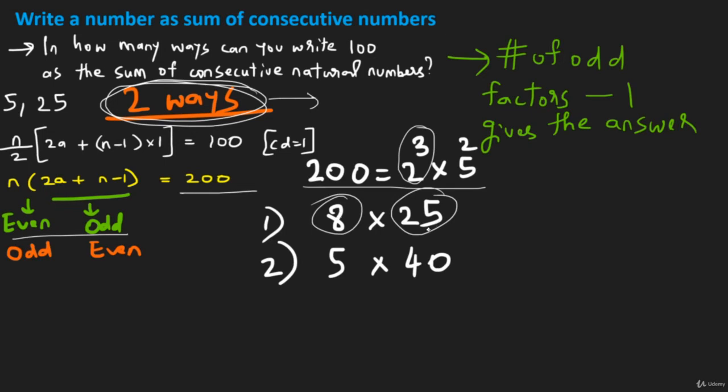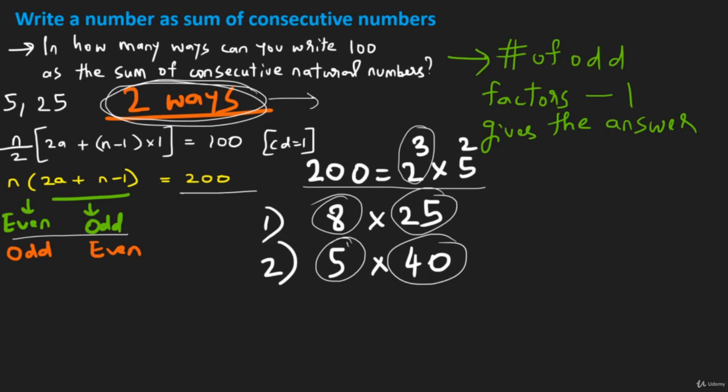Now I can also write it as 5: if I take only one 5, that would be 5, and everything else together is 40. I'm left with one 5 and three 2's, so that's 8 into 5, which is 40. So these are the two ways in which I can write 200 as even into odd.